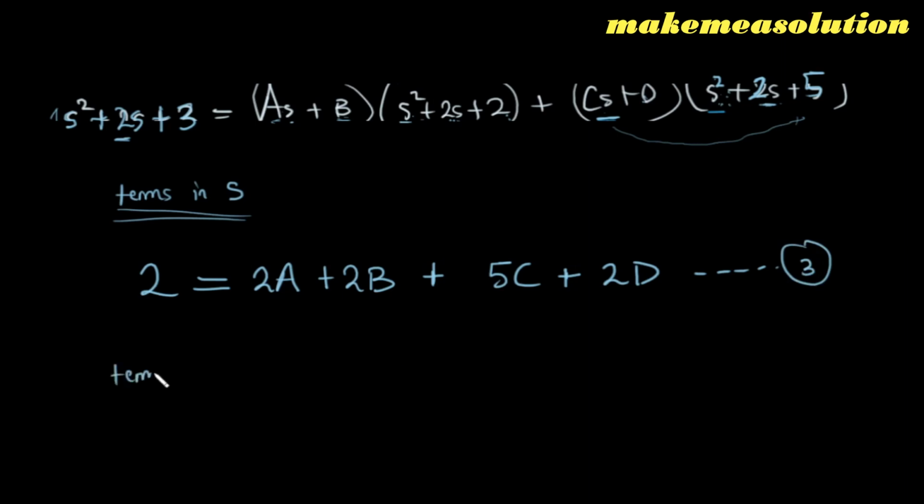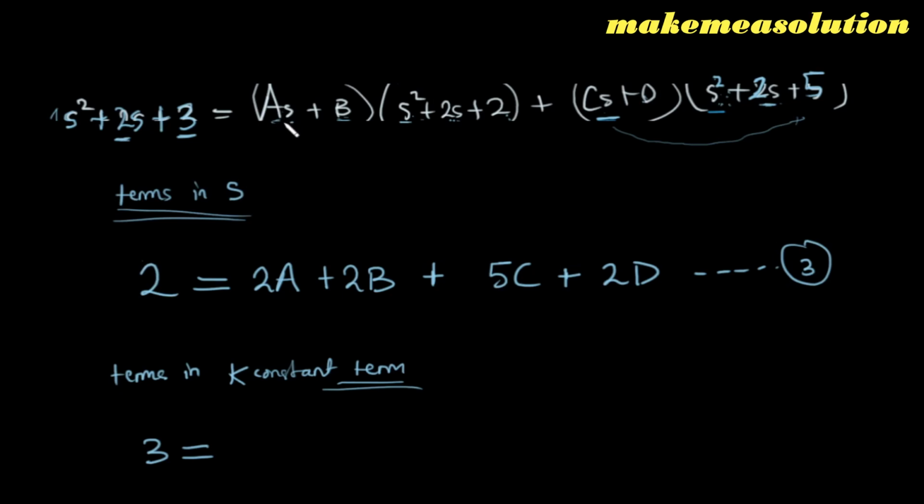So terms in the constant term. So for the constant term, I have 3 on the left hand side. So 3 is equal to. Having 3 on the left hand side, how am I having a feeling that we should just go through the terms in s again? So for the terms in s, I have 2 here.